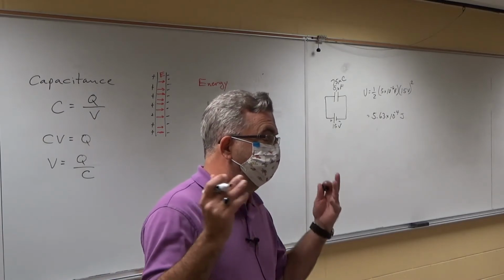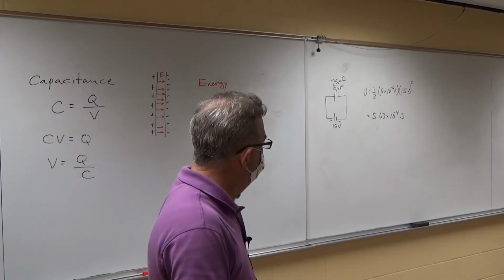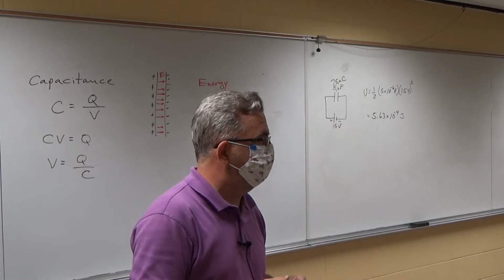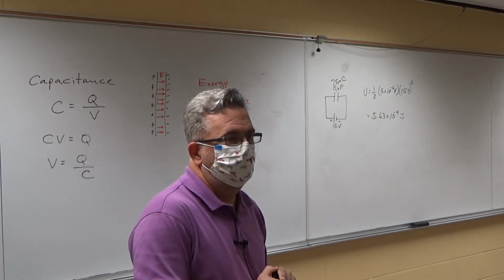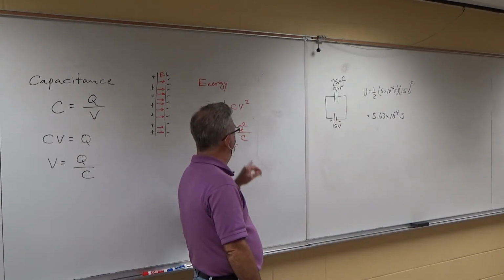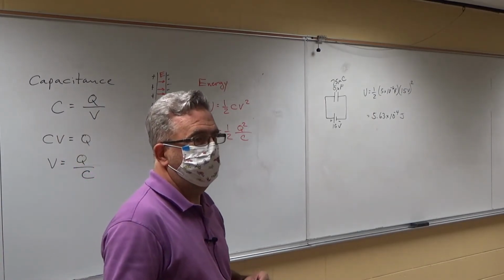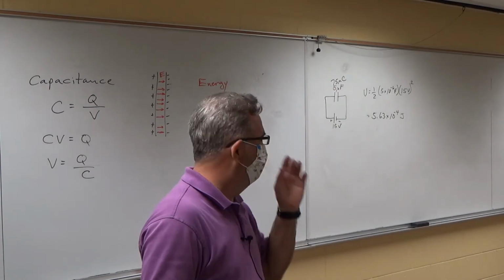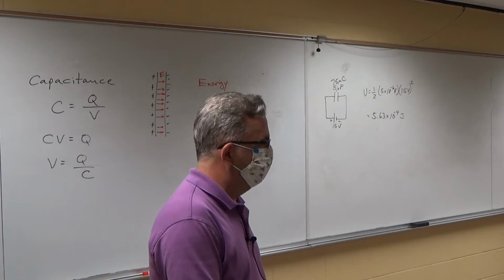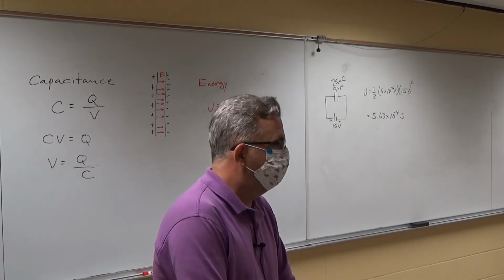So in a more complicated circuit, like the one we just did, I could ask you how much energy is stored on each cap and so forth, okay? You can also use Q squared over C, you can check me. That should give you the same answer. So 563 microjoules. It's a small cap, pretty low voltage.